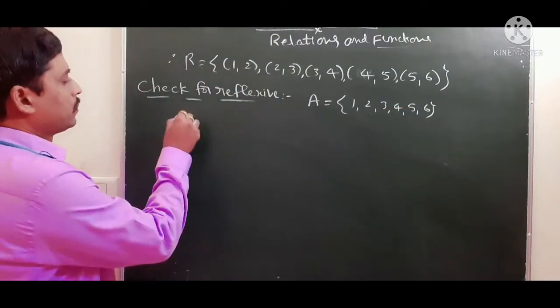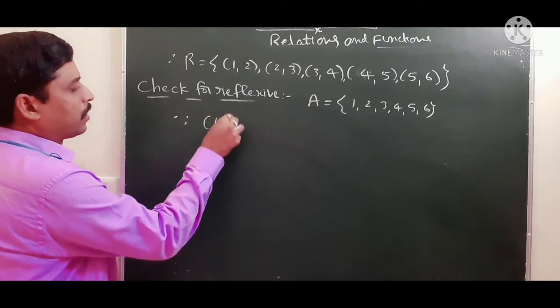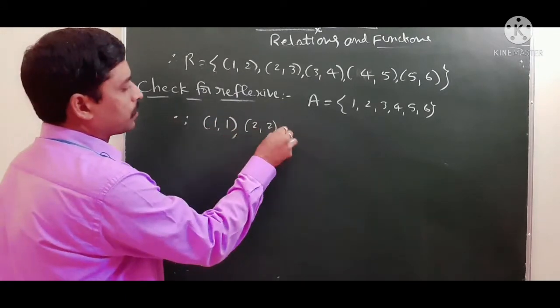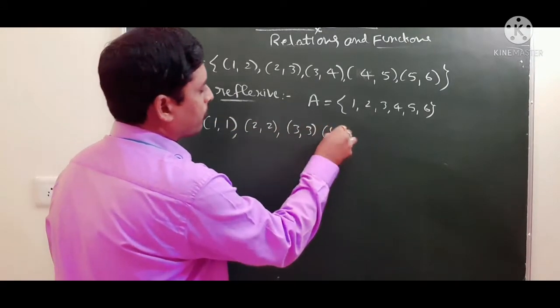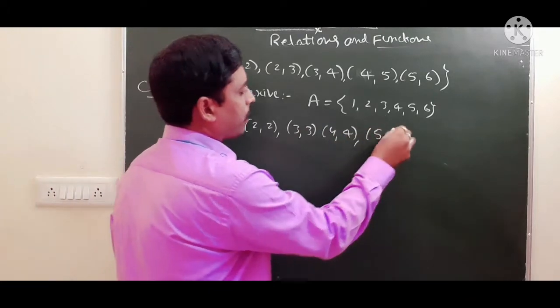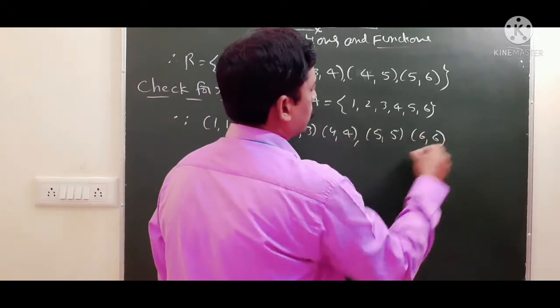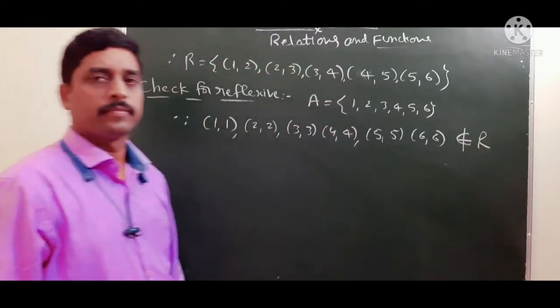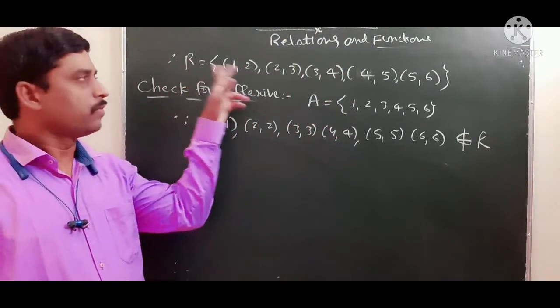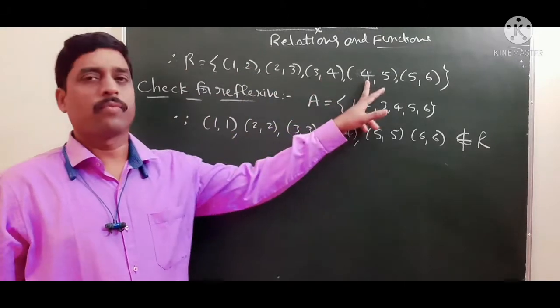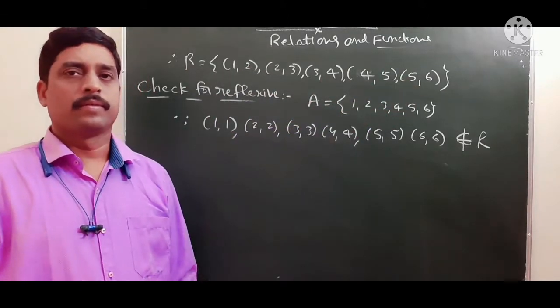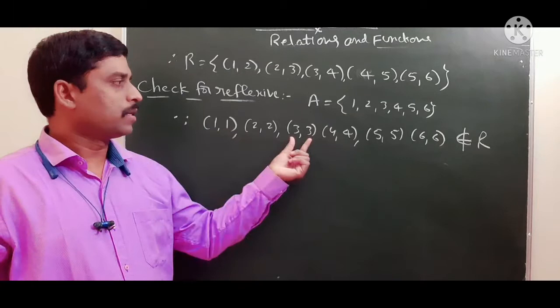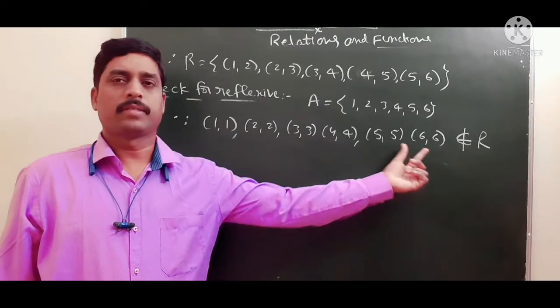Since 1, 1; 2, 2; 3, 3; 4, 4; 5, 5; 6, 6, this type of ordered pairs does not belong to R. R only has 1, 2; 2, 3; 3, 4; 4, 5; 5, 6.